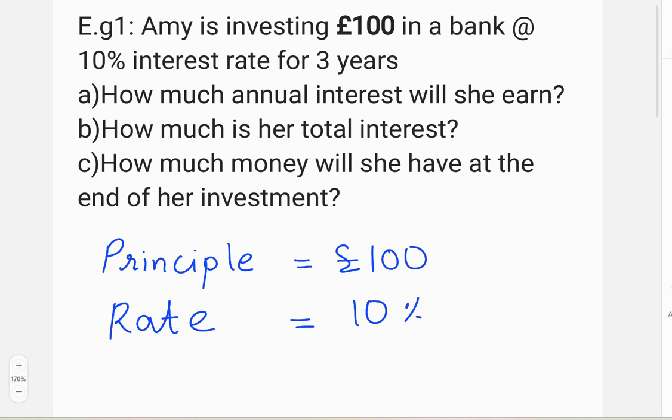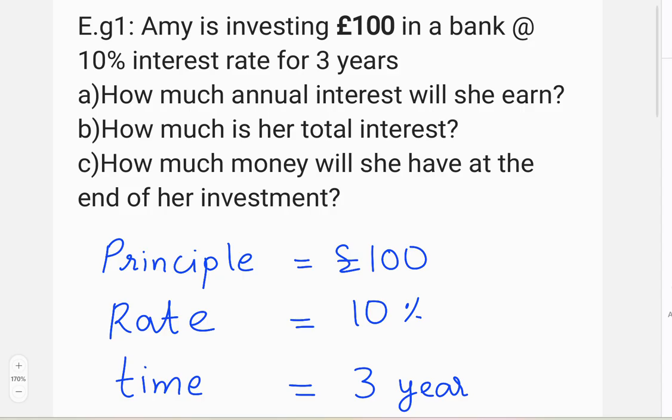The third thing is the tenure of the investment or the borrowing. How long are you going to invest that money for? The time for the investment is 3 years. These are the three things that are given in the question.